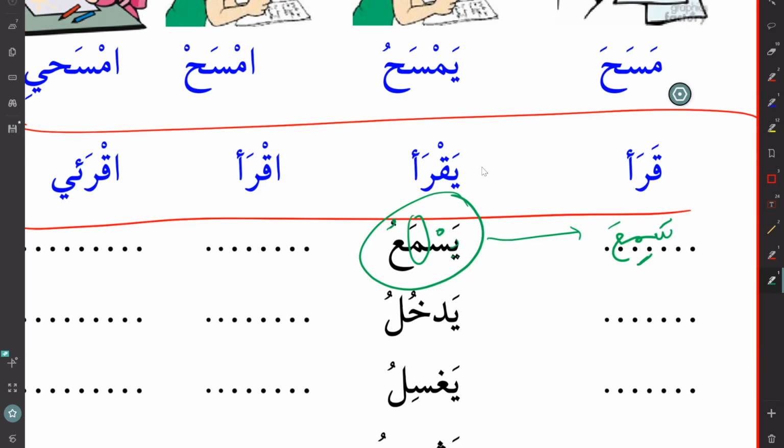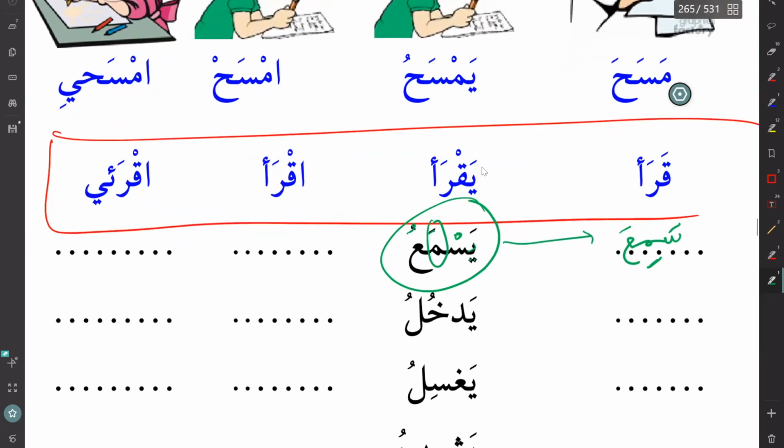So the only issue we have is with the middle letter, right? The letter will remain the same, but we need to know what haraka do we put on it. Yes, so we have to learn it. There's nothing else. We have to learn it. Sami'a yasma'u. Okay, so that's how we know it.